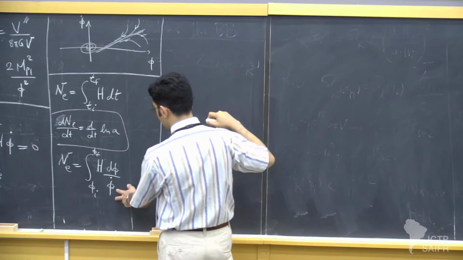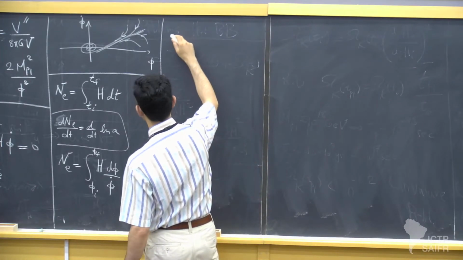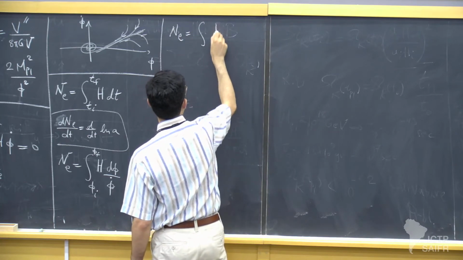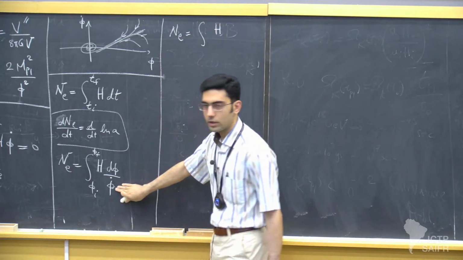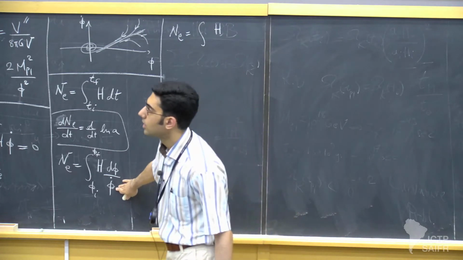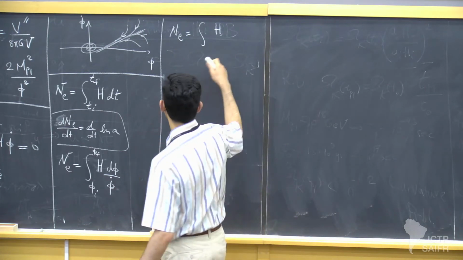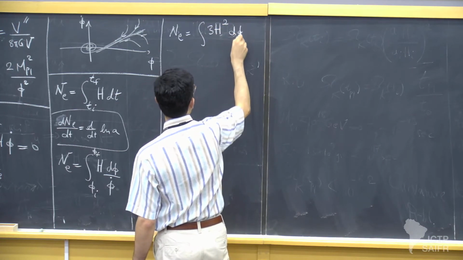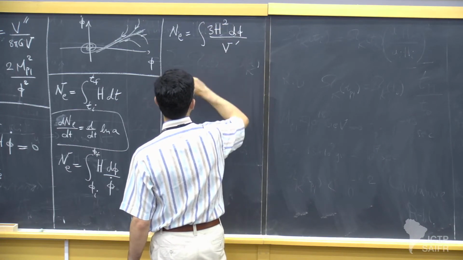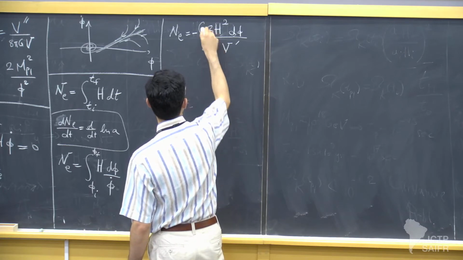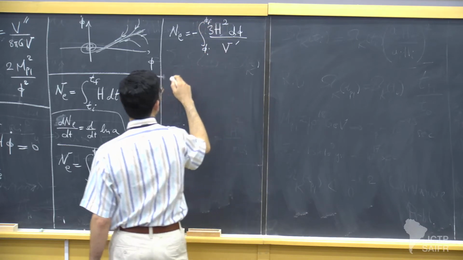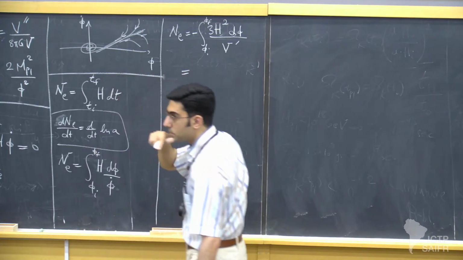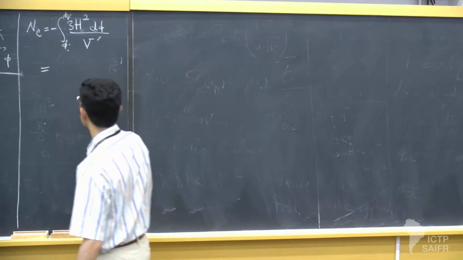And then I can use this slow roll solution here. So I'll have phi dot, which is minus V prime over 3H. So I get 3H squared d phi divided by V prime with the minus sign, phi_i to phi_f. And then again, 3H squared is V over m Planck squared.